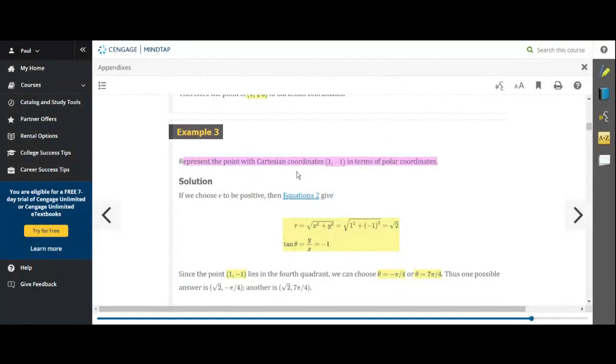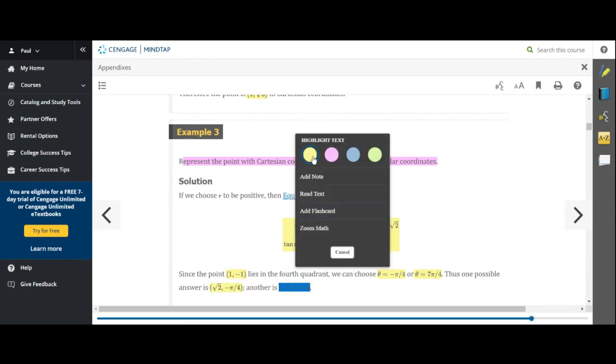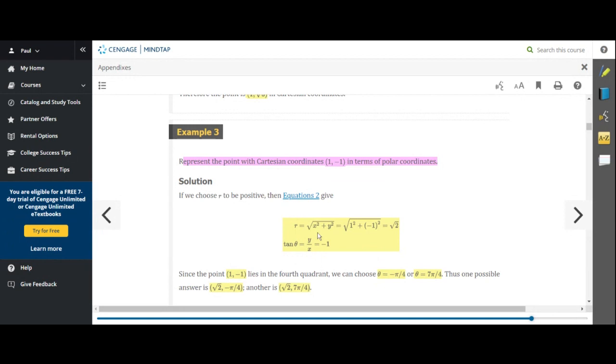One or the other is fine. You get two possible answers for the polar coordinates, and there are even more. There's an infinite number of answers, because polar coordinates are not unique. You can have a point represented by multiple polar coordinates, actually an infinite number of them. Are there any questions on that?